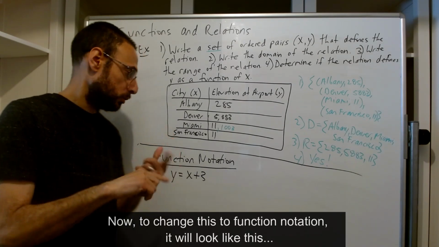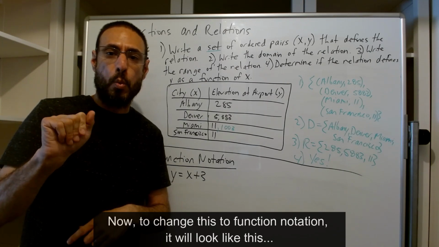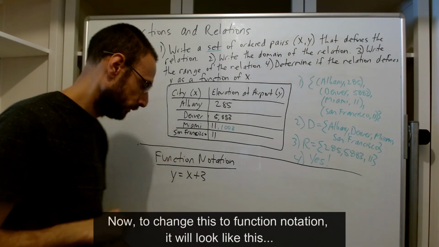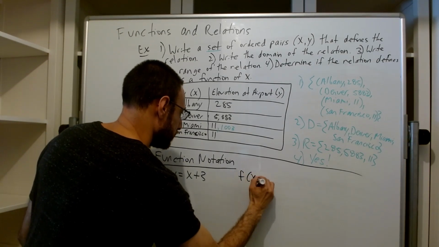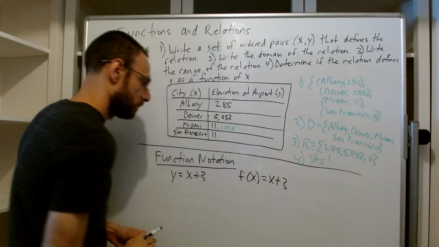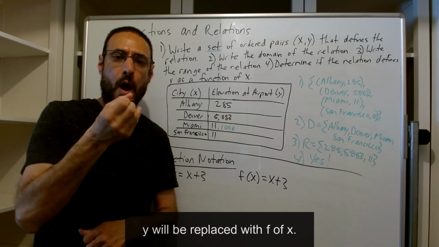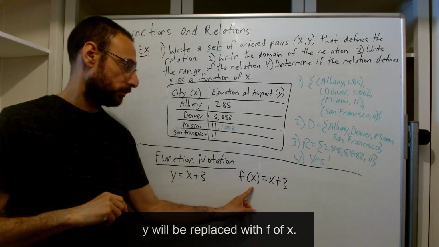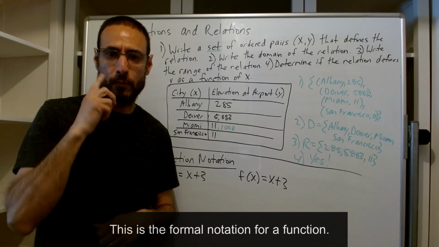Now, to change this to function notation, it will look like this. y will be replaced with f of x. This is the formal notation for a function.